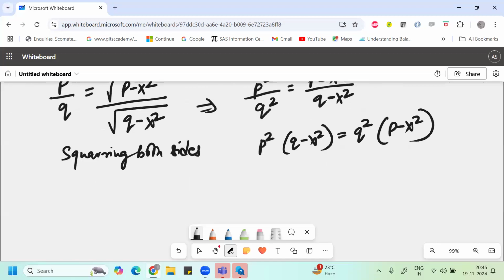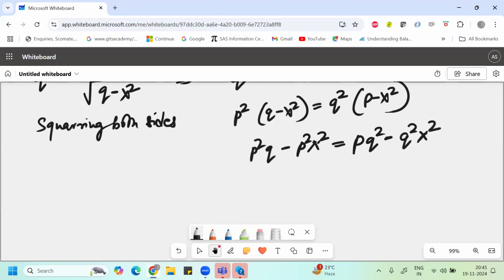Now open the bracket. P square Q minus P square x square, and here this is P Q square minus Q square x square. Now if I bring this together, P square Q minus P Q square is equal to P square x square minus Q square x square.